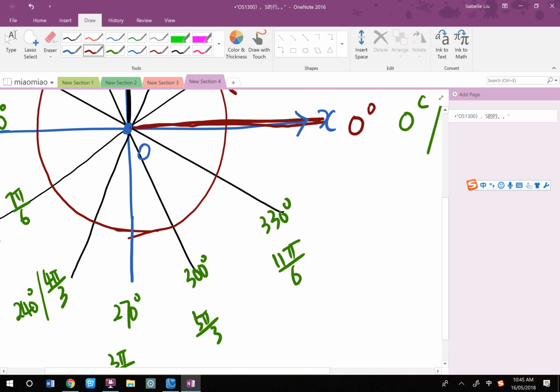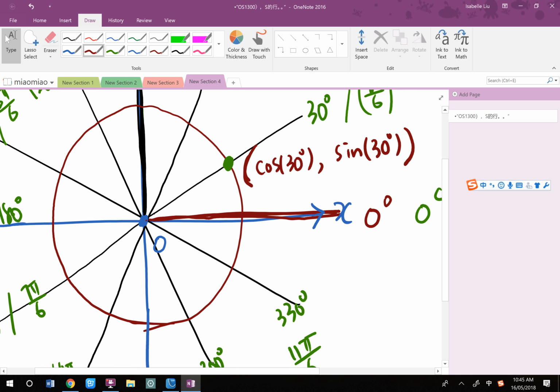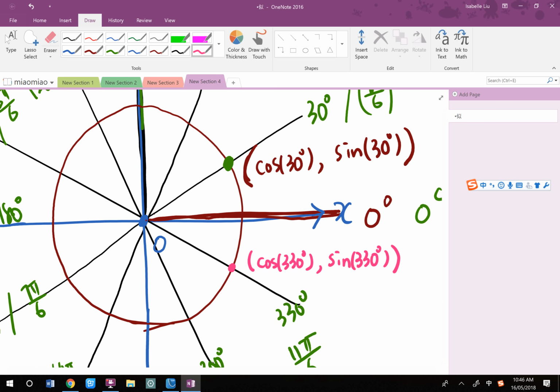For example, I have this 330-degree angle. We have the intersection here. I will say the x value is cosine 330 degrees and the y value is sine 330 degrees. This point is something you can calculate, or we can calculate it in the calculator.